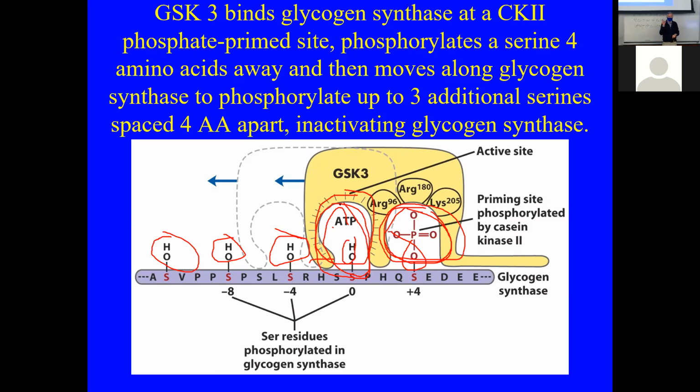The glycogen phosphorylase is active when it's phosphorylated. Conversely, glycogen phosphorylase is inactivated by dephosphorylation, whereas glycogen synthase is activated by dephosphorylation. It really depends on the enzyme, and so you can't make general statements about what phosphorylation does to enzymes generally.